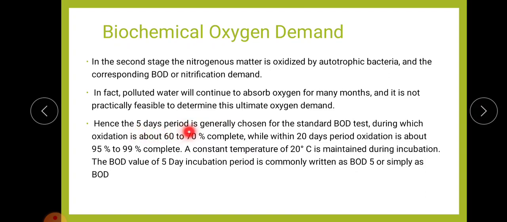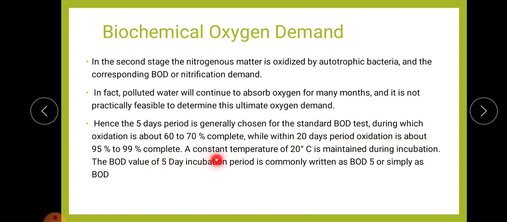That is, the 5 days period is generally chosen for the standard BOD test, because during these 5 days the oxidation of about 60 to 70% will be completed. And within a 20 days period, oxidation of 95 to 99% will be completed.